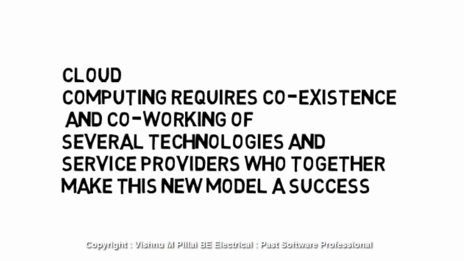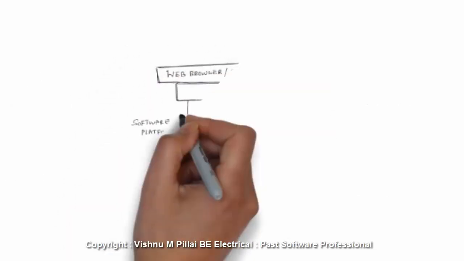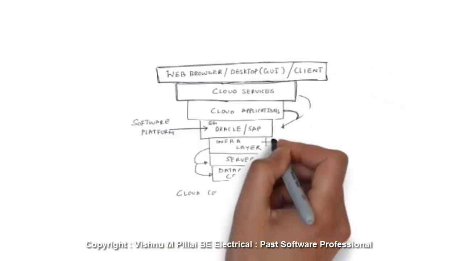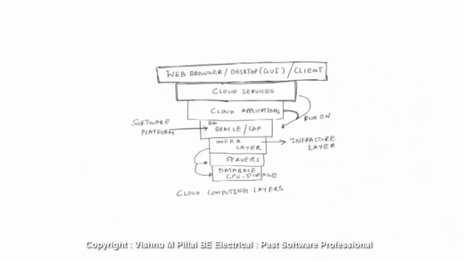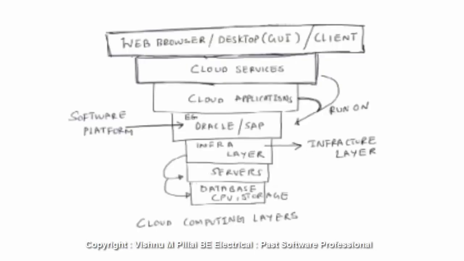it has server, storage, computing power and various applications which can be deployed together. So you need to have a control over everything. And how the cloud computing works in a simple model, if you see, the web browser, desktop graphical user interface or client is something which the end user can use to communicate with the cloud services.